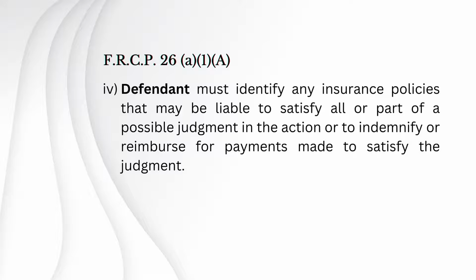In other words, if the court rules in the plaintiff's favor, and even sometimes the plaintiff and the defendant will settle the matter. As the court always encourages settlement, the court would want to know if there is an insurance policy and wants to know the specifics in that policy.